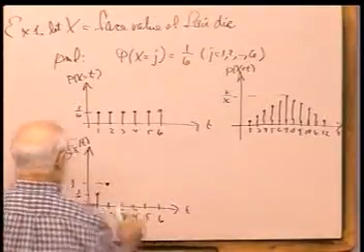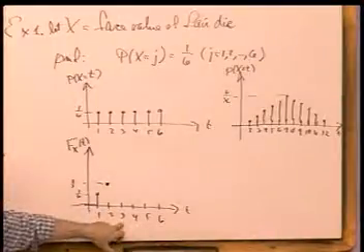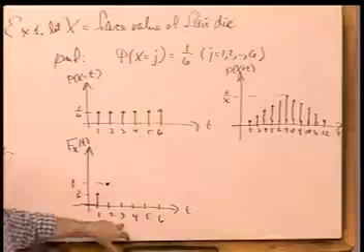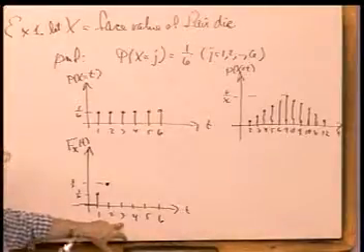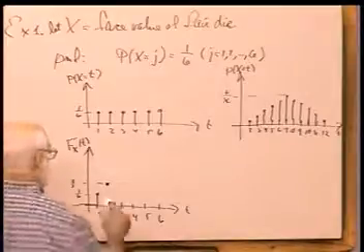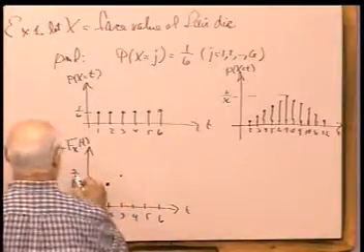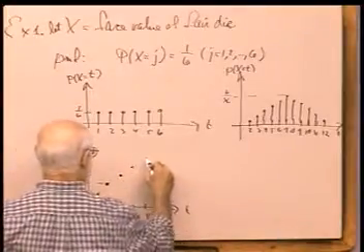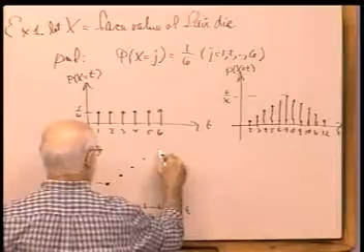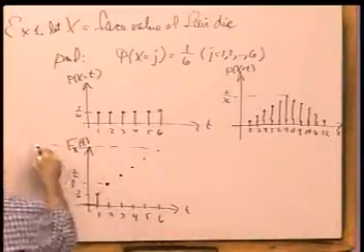When t is equal to 3, the probability that X is less than or equal to 3 is the probability that it's either 1 or 2 or 3, which is therefore 1/6 plus 1/6 plus 1/6, or 3/6. So right up here now at 3/6. And so on: 3/6, 4/6, 5/6, 6/6. So 6/6, that's the value 1.